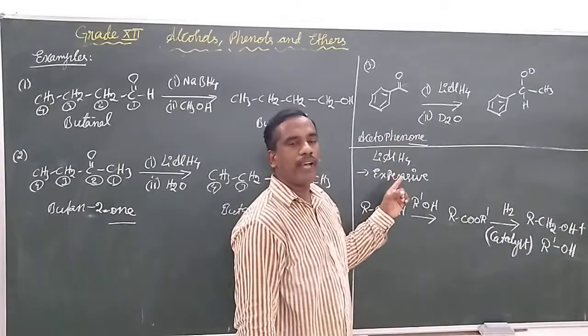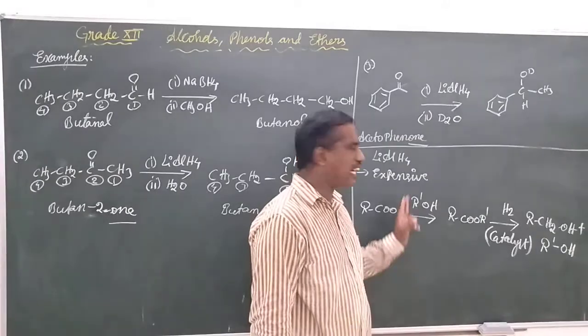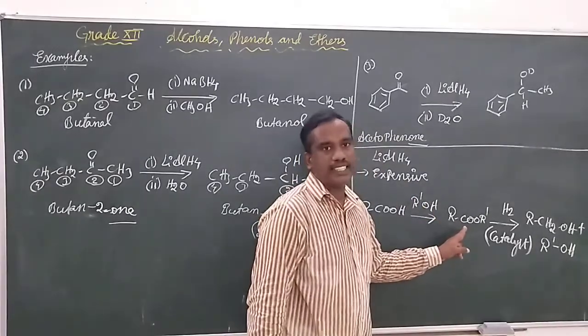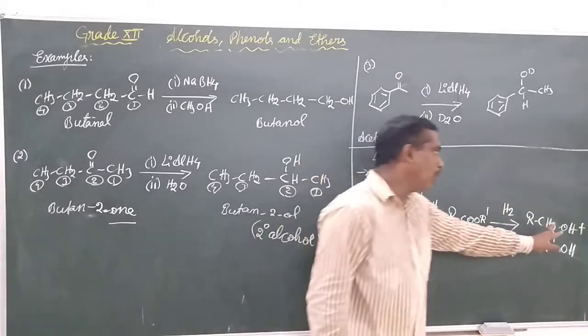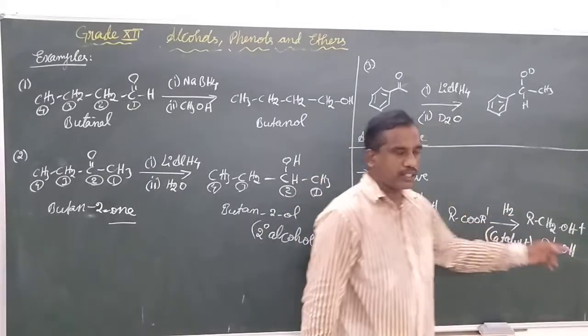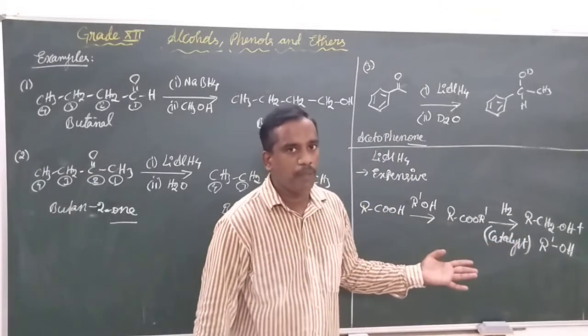So lithium aluminum hydride being expensive, first of all carboxylic acids are converted into esters, which will be reduced to give alcohols. So this is not a direct step; it is a sub-step involved.